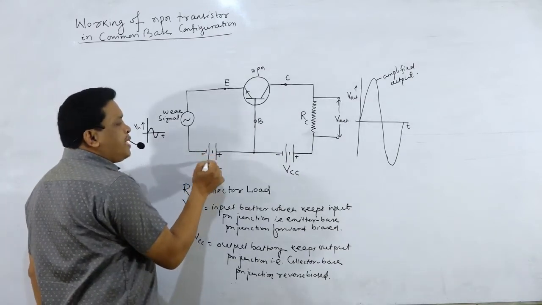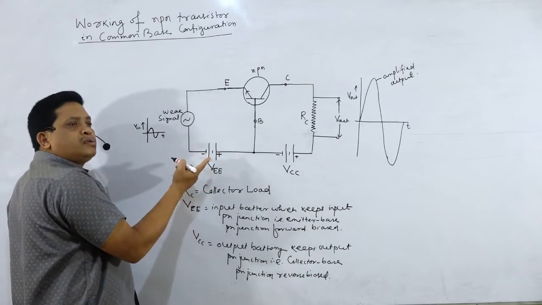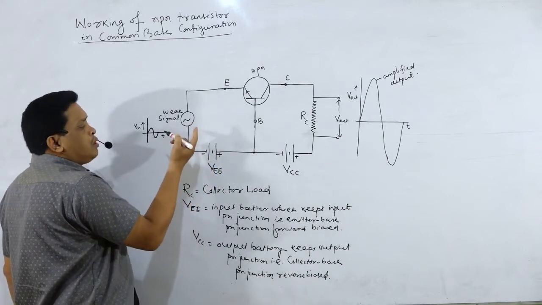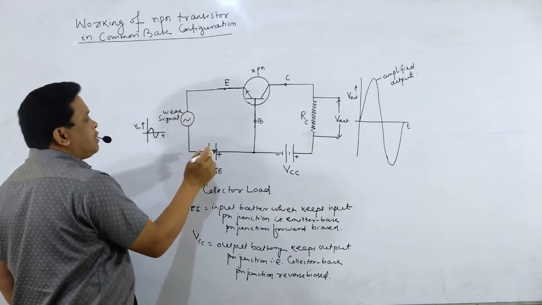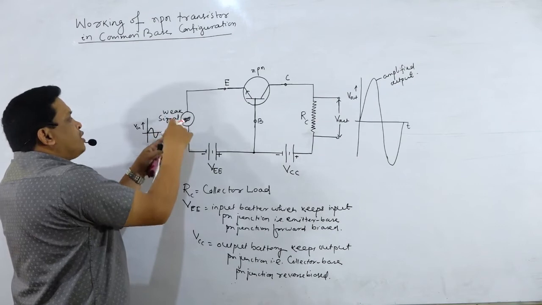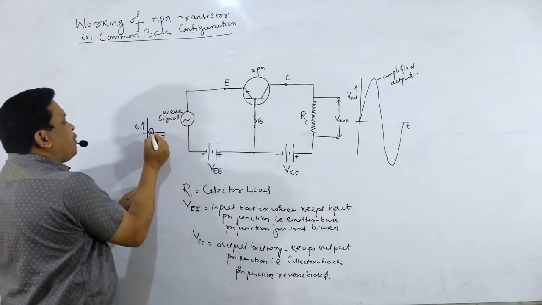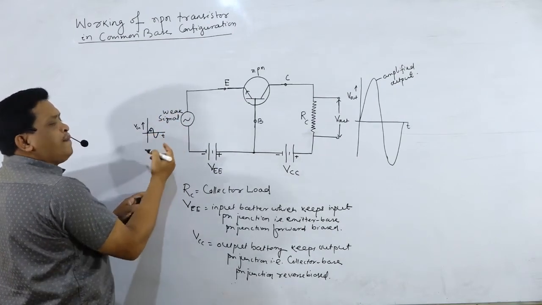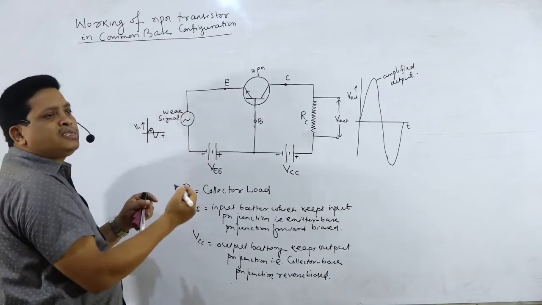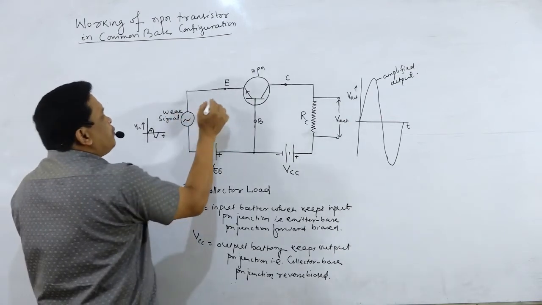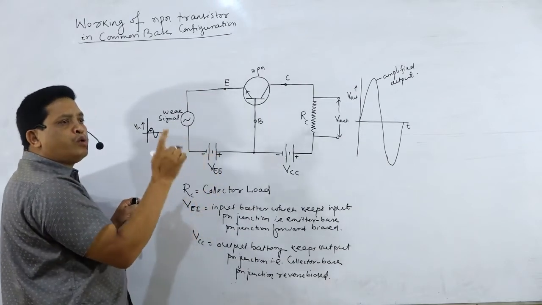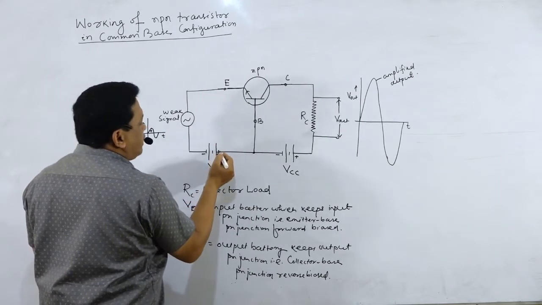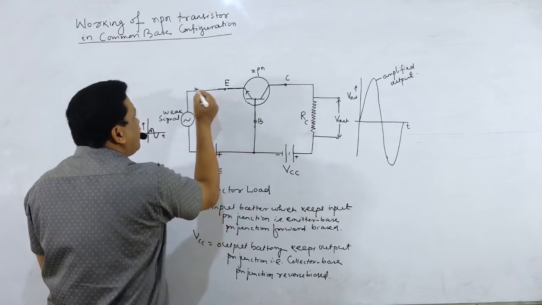As the input PN junction is forward biased, the input current flows, and during the positive half cycle of the input signal, the input current increases. The input current is the emitter current, and its direction is outward here.